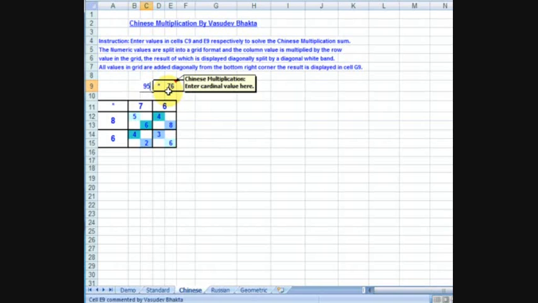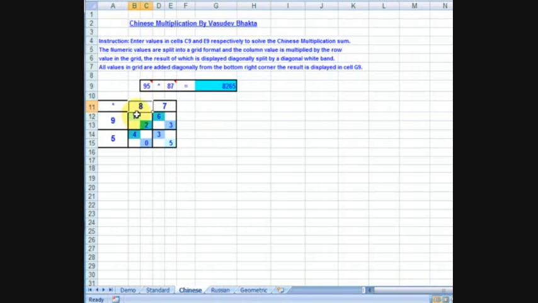Let's multiply 95 by 87. What we have here on the far left vertically is 95 represented as 9 and 5, and on top of the grid we have horizontally 87 represented as 8 and 7.